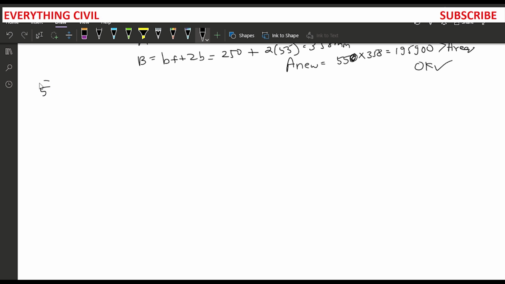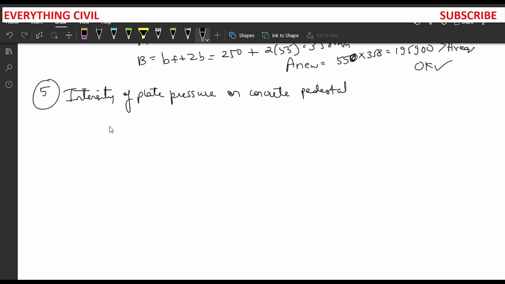So fifth step will be intensity of plate pressure on the concrete pedestal. Now this will be simply W equals the load divided by the new area, and this will be 1.5 times 1175 times, I'll convert it into newtons, divided by the new area, 195,900.